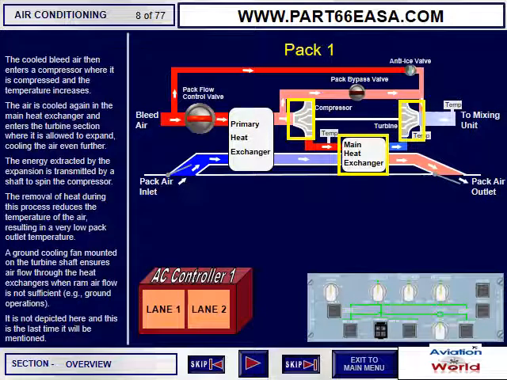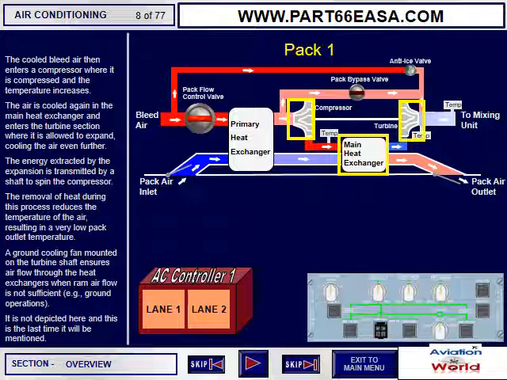The cooled bleed air then enters a compressor, where it is compressed and the temperature increases. The air is cooled again in the main heat exchanger and enters the turbine section, where it is allowed to expand, cooling the air even further. The energy extracted by the expansion is transmitted by a shaft to spin the compressor. The removal of heat during this process reduces the temperature of the air, resulting in a very low pack outlet temperature.